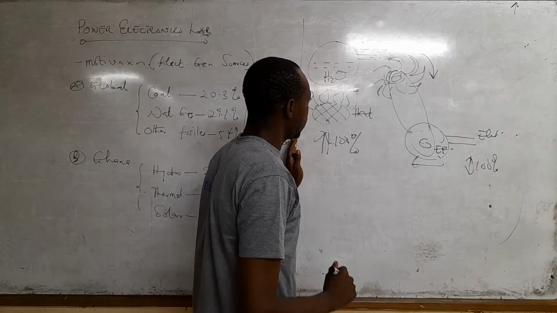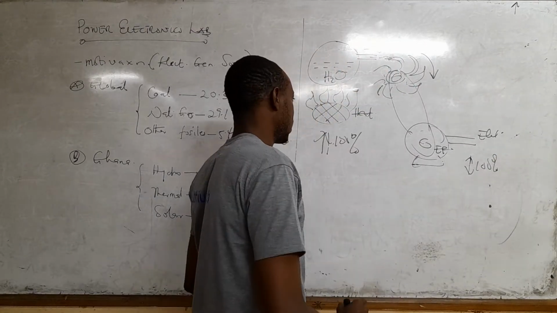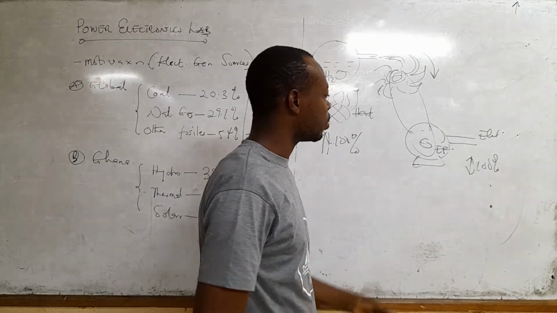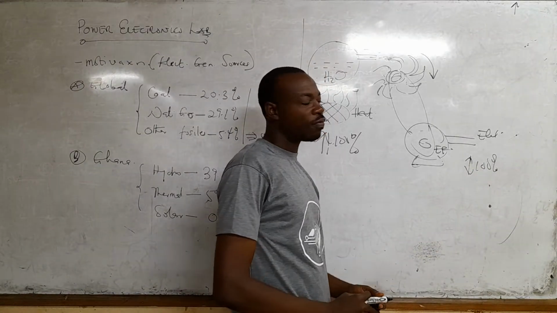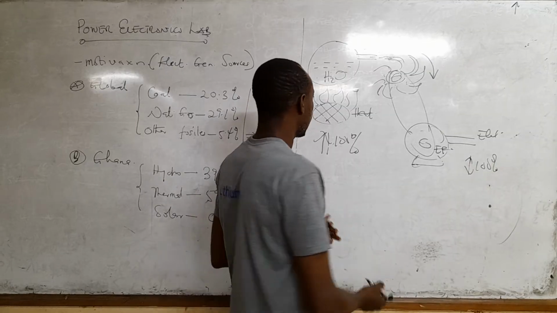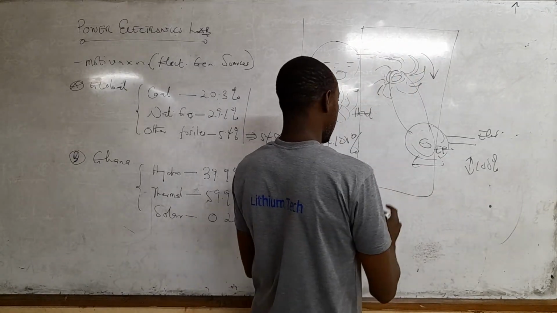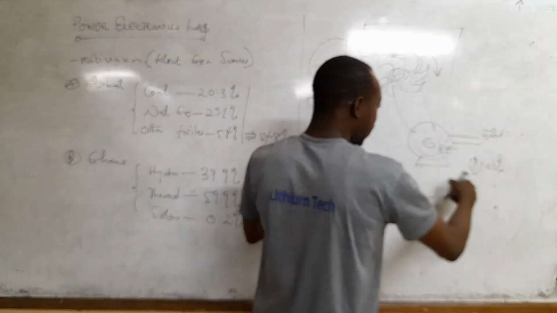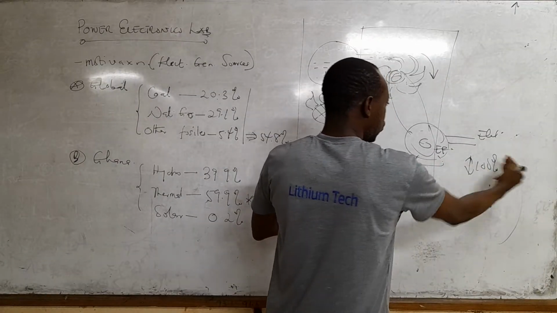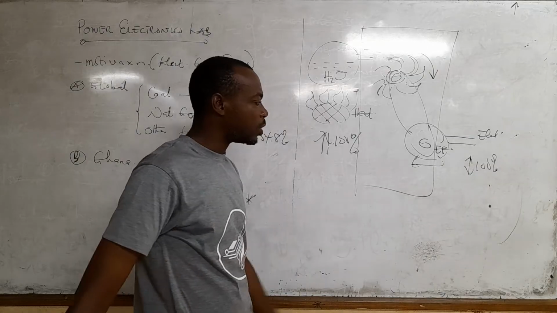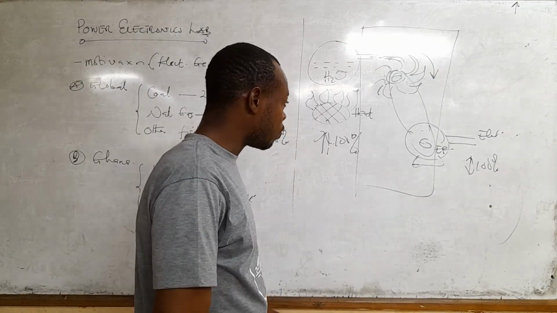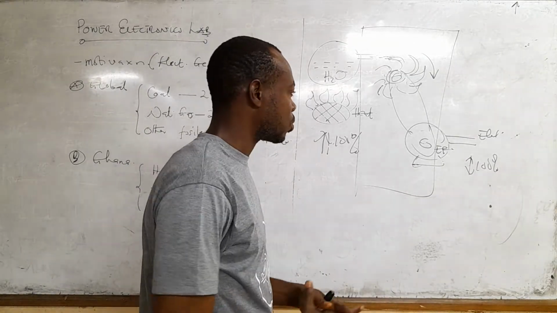But in a setup like this, we will not be able to get 100%. Definitely it will go down. We are going to look at what happens within this and how the energy drops.